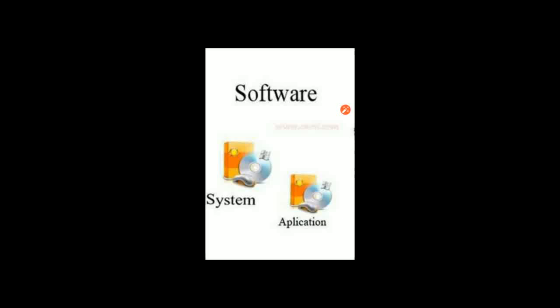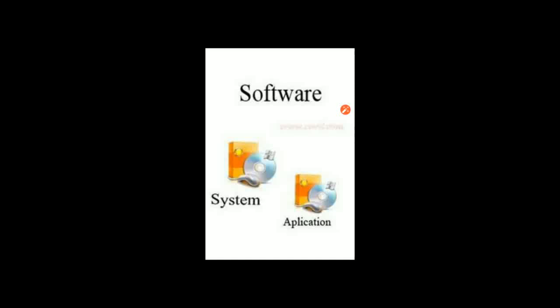Other than system and application software, there is another kind of software that works like system software but is actually application software. They are called utility software. That means they listen to users but help the computer, like antivirus. So they are utility software.